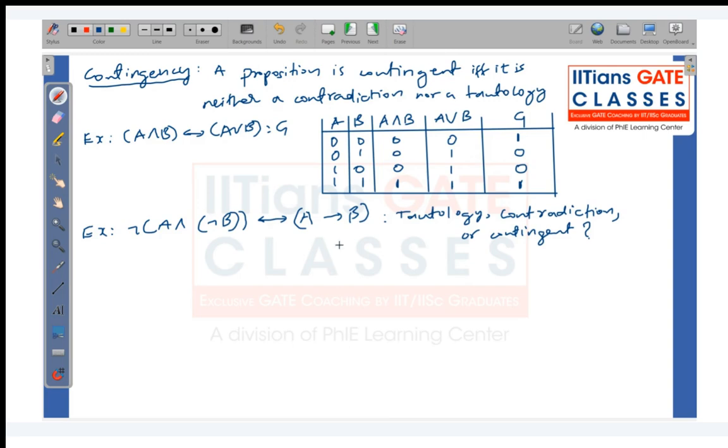So given an expression, it has to be one of these three, right? This is a valid expression also. It is well formed.